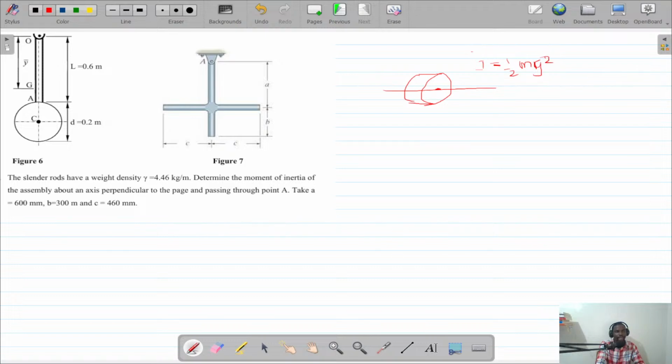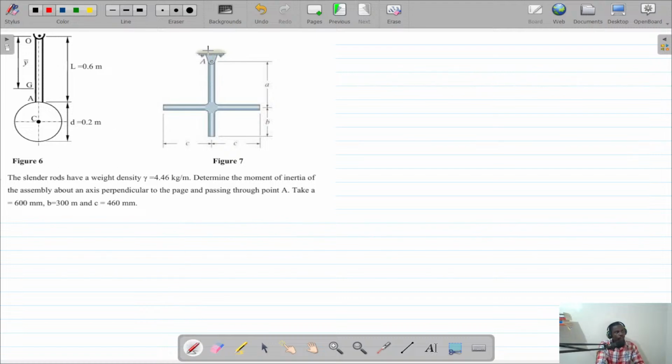So if you do the substitution with the same method we did, you should get the 3 on 10 mr squared. Kindly make this substitution, and then that is done. So it shouldn't be 3 on 5, it should be 3 on 10. All right, let's move on.